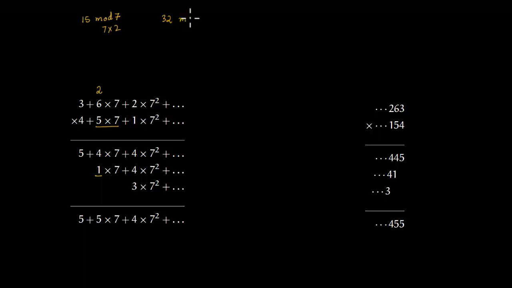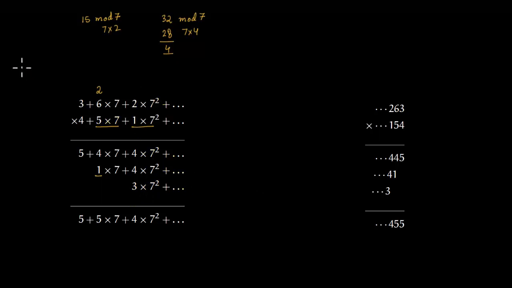Now 32 modulo 7, you have 7 times 4 is 28, so subtract it, you get 4, and this 4 comes here, and this 4 will carry over, and so on. The third is 1 times 7, so you multiply by this, you get 3 times 7 square, and so on.